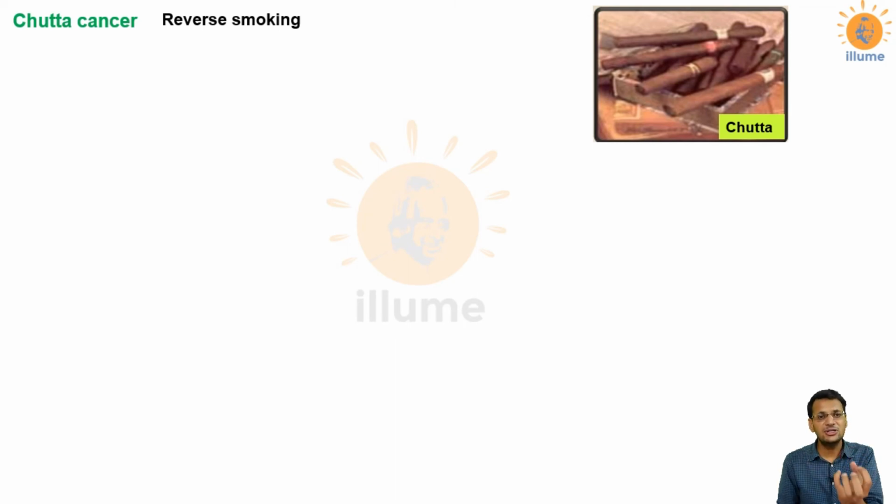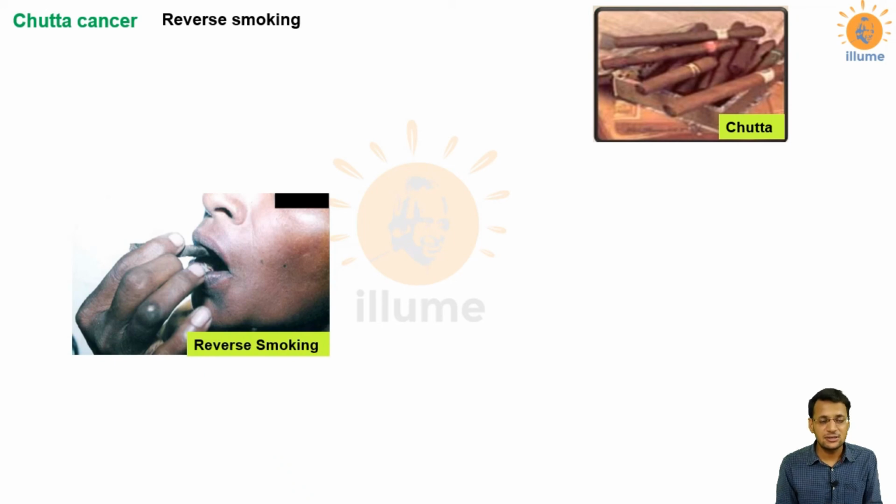When the patient sucks during the smoking, the entire heat goes inside the mouth, and the smoke that contains nicotine and polycyclic aromatic hydrocarbons is exposed to that area, and that causes cancers.